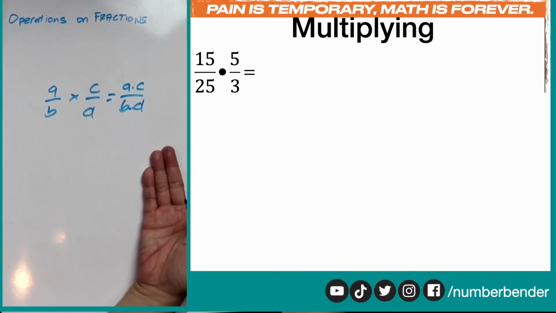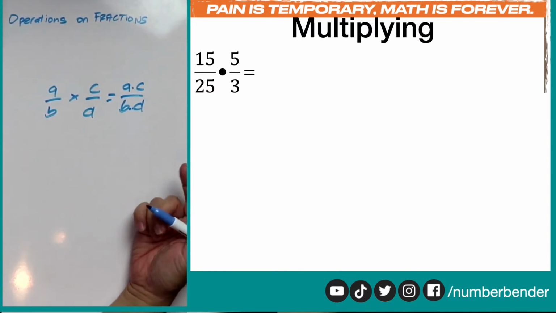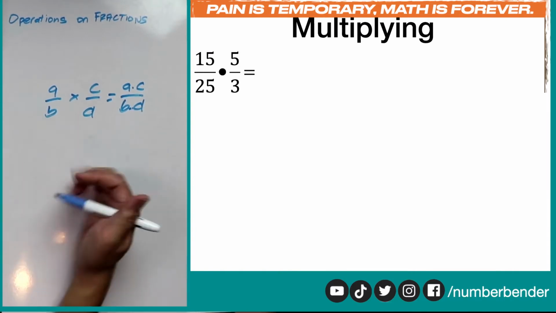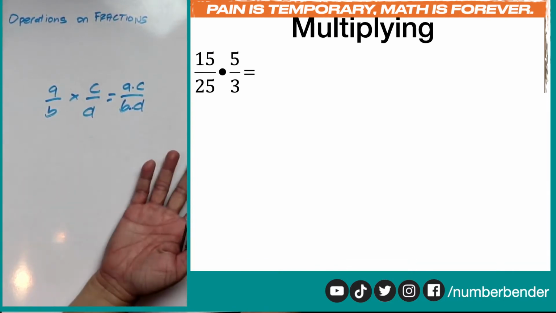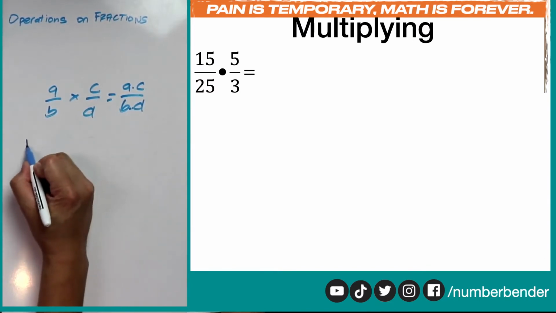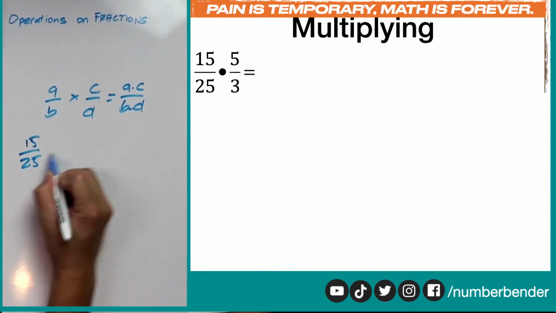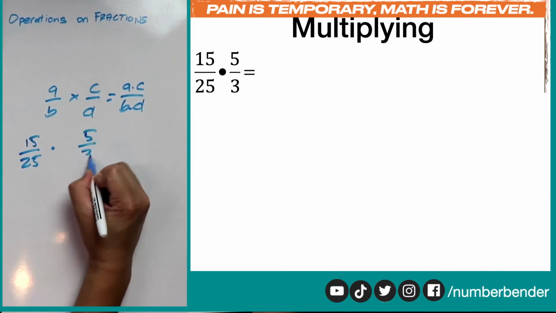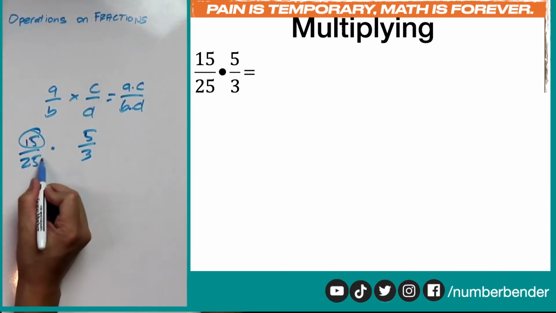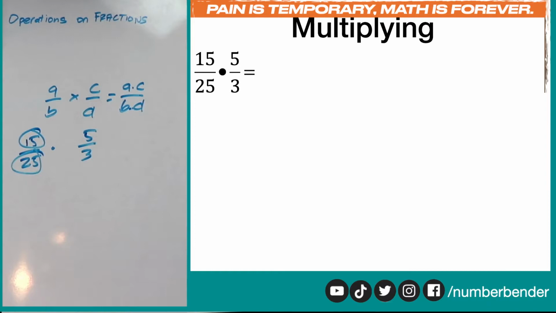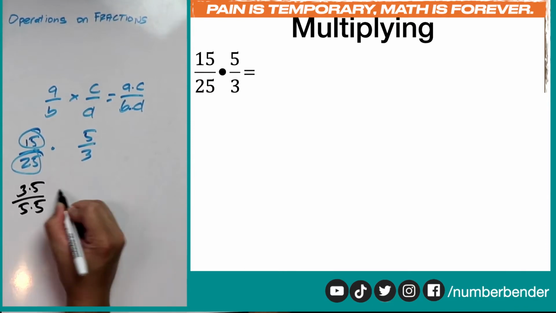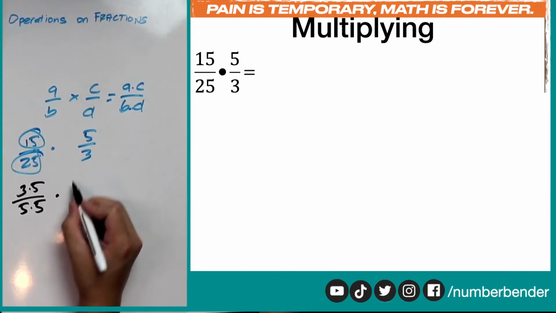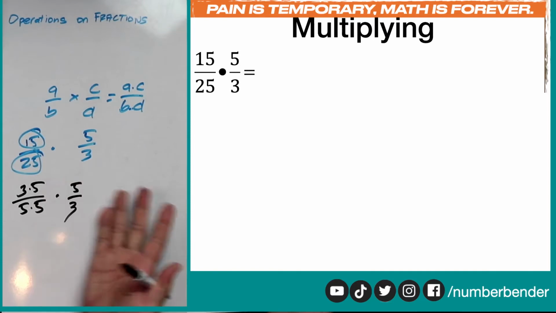So this is the process of multiplication, and we're going to multiply 15 over 25 and 5 over 3 by prime factorization. 15 and 25 are both composite numbers which we can break down into 3 times 5 over 5 times 5, and 5 and 3 are already prime, so 5 over 3, we'll just copy it.